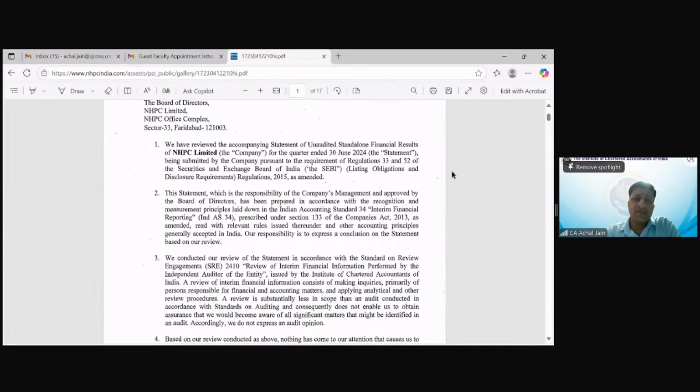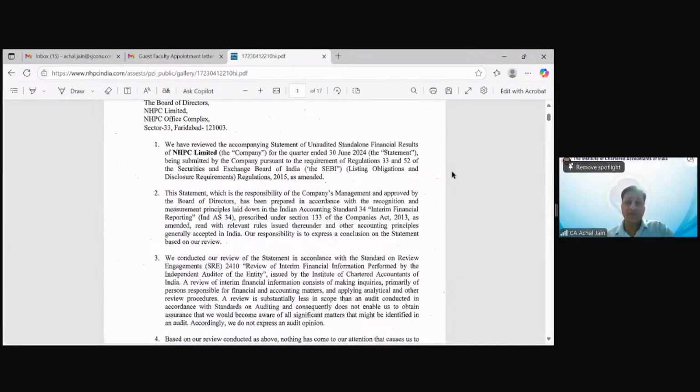So the practitioner says we have reviewed the accompanying statement of unaudited financial results for the period being submitted by a company pursuant to the requirements of SEBI. Then there's an explanation as around the basis.